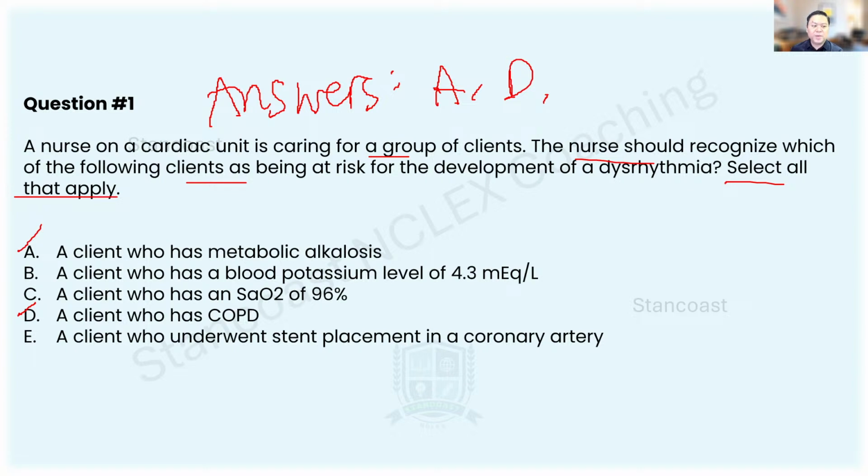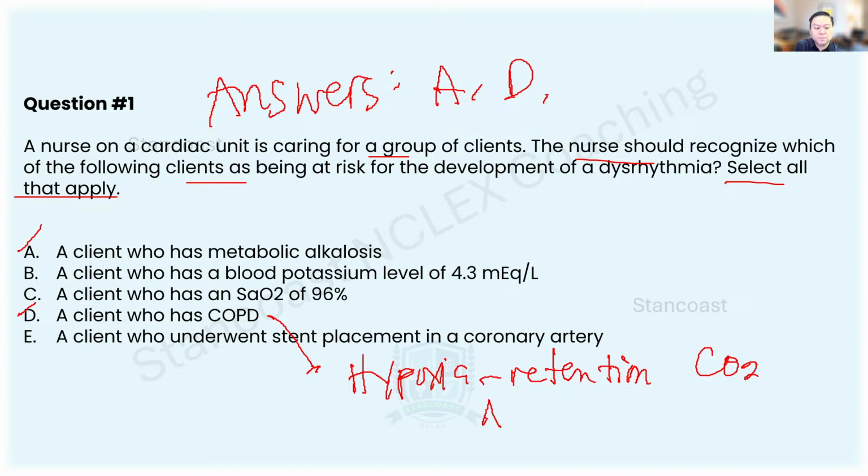Well, if the patient has metabolic alkalosis, it can lead to dysrhythmias because of the possible electrolyte imbalances that can impair cardiac function. Now, if the patient has COPD, what do you remember about COPD, guys? Remember that there is hypoxia, retention of what? CO2. There is acid-base imbalance.